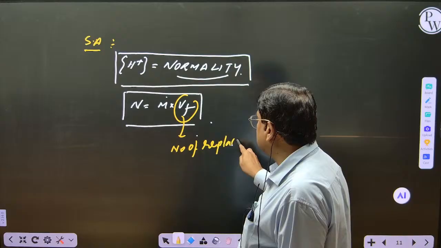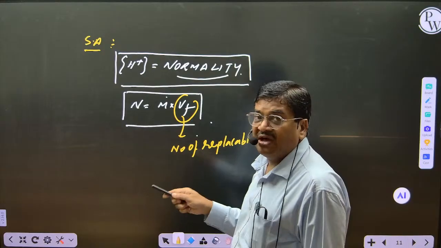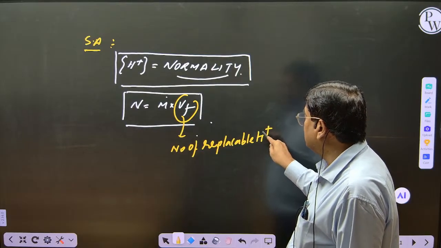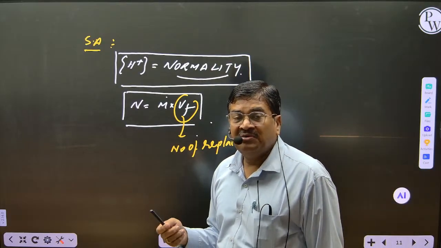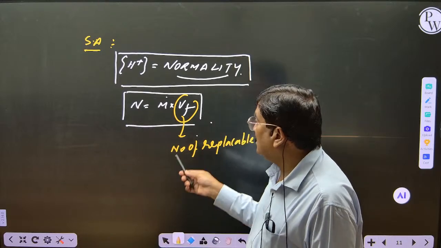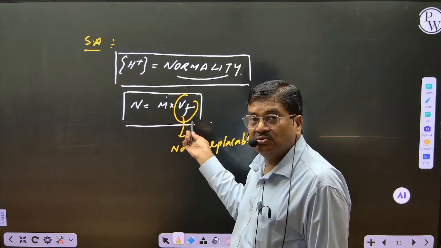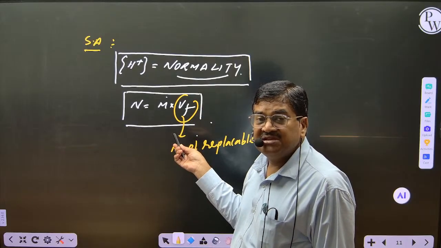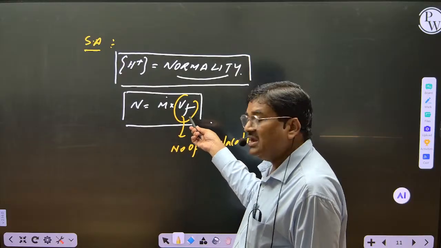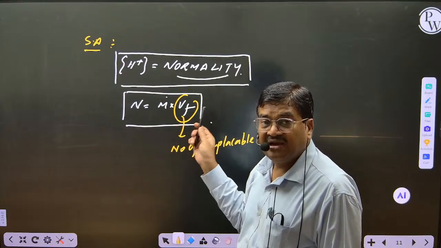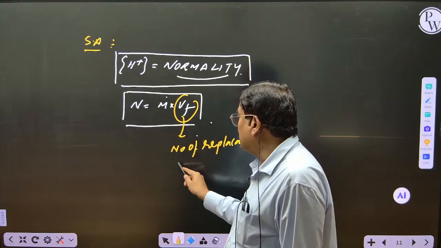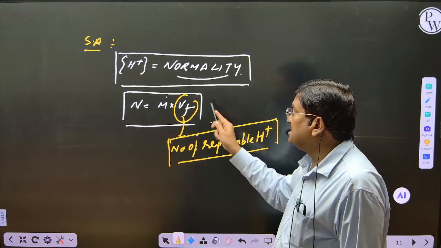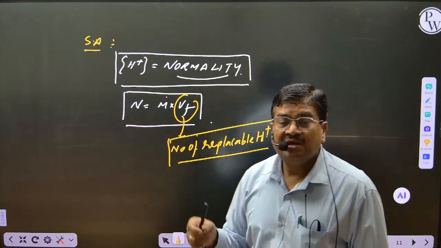As you know, an acid will furnish H plus ion. Suppose I am taking sulfuric acid. Sulfuric acid has how many replaceable hydrogens? 2. Then I have to multiply the given molarity with 2. If it is HCl, HCl has 1 replaceable hydrogen, so I take N factor 1, valency factor 1. So it depends on the number of replaceable hydrogens. This is the relation. We will discuss normality in the main chapter.